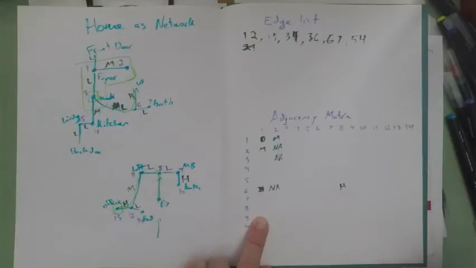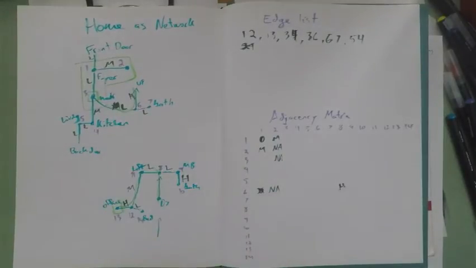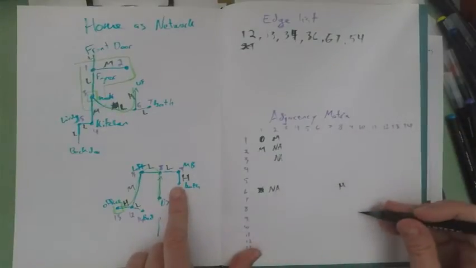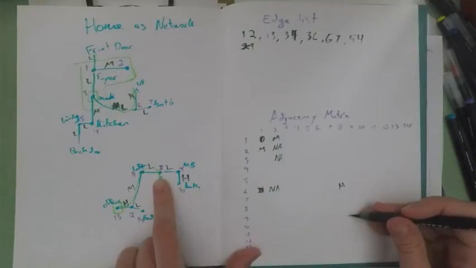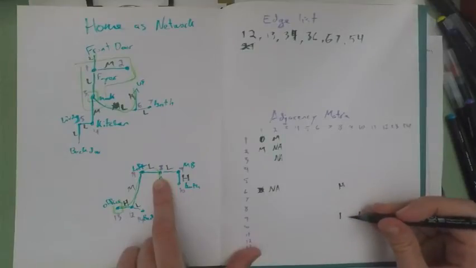Or if we're really just not even concerned with those weights, we only want to know, is there a connection at all? We could say, well, from 9 to 10, we have a 1. From 9 to 8, we have a 1. From 9 to 9, well, that's itself. Maybe we put an NA there, maybe.